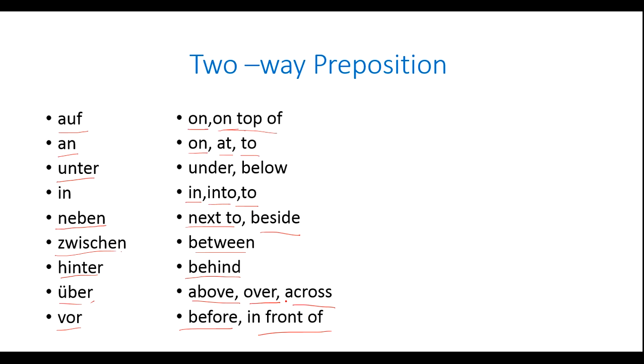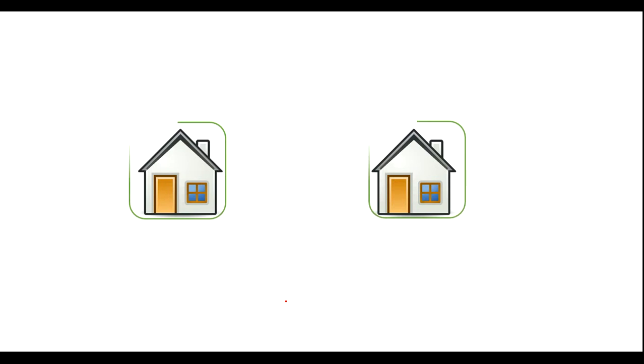Now we see with an example and understand what exactly the prepositions are. Suppose there are two houses. Auf: if something is touching the base, that is auf. Just remember that it should touch.